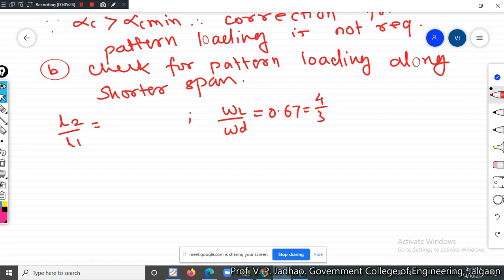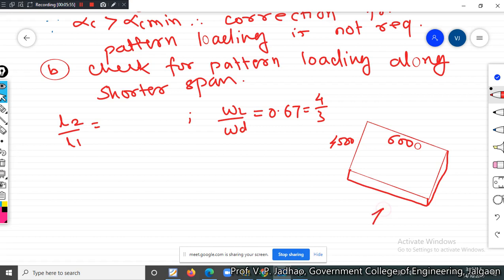Now how to consider L2 upon L1? We know that if this is our slab, this will be the depth. This is the shorter span 4500 and this is your longer span 6000. Now how to consider which is L2 and which is L1? Now we are checking the pattern loading correction along the shorter span, means parallel to this direction.